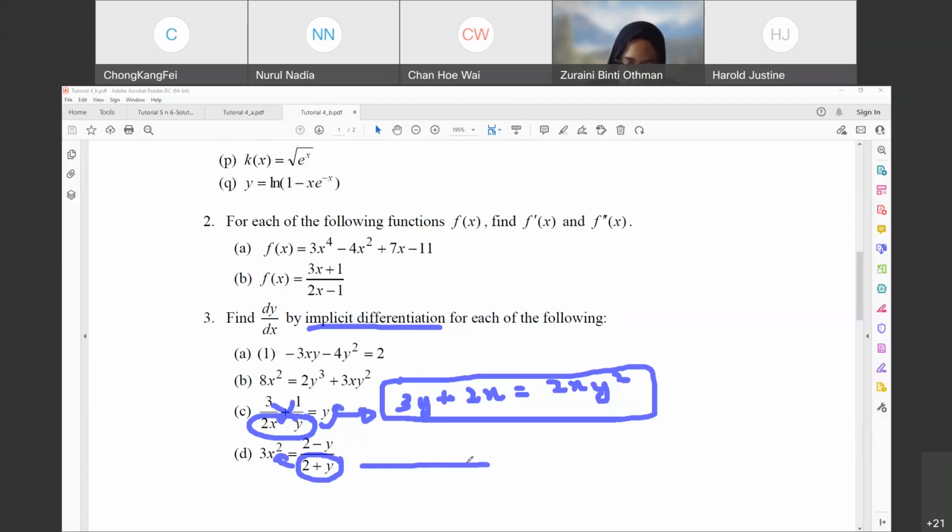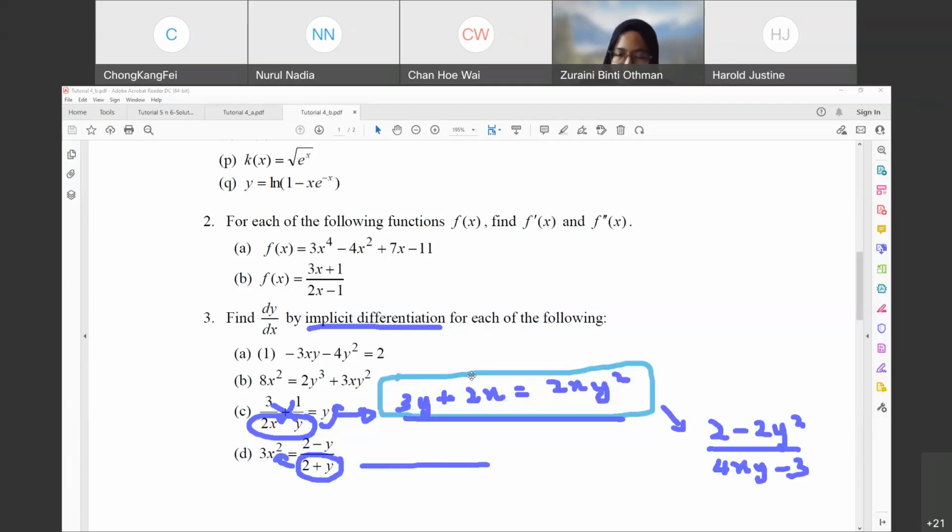Okay, untuk jawapan ni yang akhir saya ambil yang ni, nanti boleh semak: 2 minus 2y^2 divided by 4xy minus 3. Ini belum implicit differentiation lagi. Sila buat implicit differentiation for this. Okay. Any question for that?